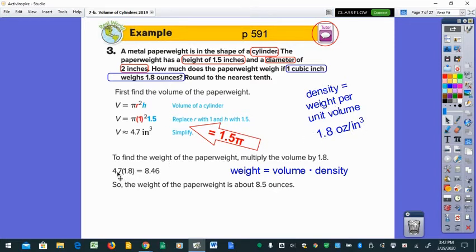But when you take that volume times its density, you will get the weight. You'll see that little formula over here. So bottom line is you calculate the volume just like we did, and at the end you're going to multiply by the weight per cubic unit. And that will give you the weight. And this time it's 8.46, and the weight is in ounces. So your final answer is 8.5 ounces.